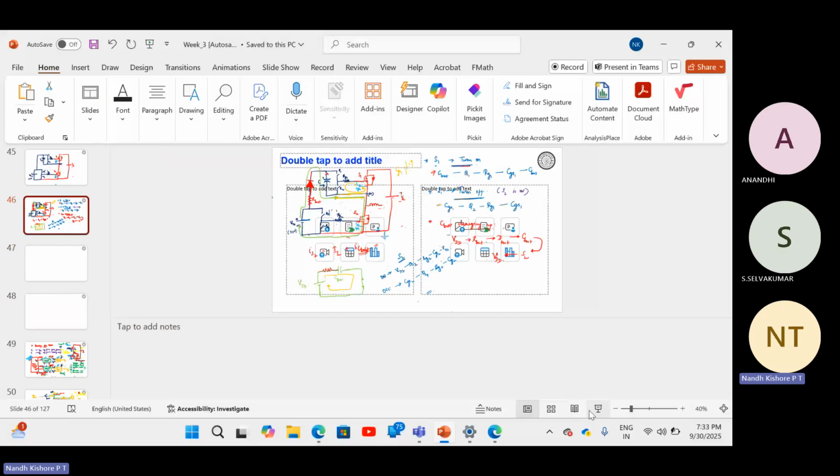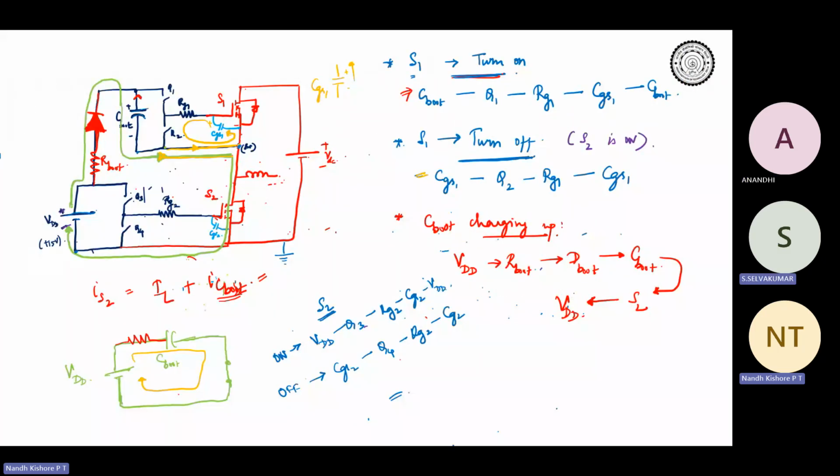So what will happen is the capacitor will go on discharging. The C boot capacitor voltage will go on falling, right? So you have to size up your capacitor accordingly, such that it is able to hold up that voltage for that amount of time. C boot selection has to be made properly according to the switching frequency and application.